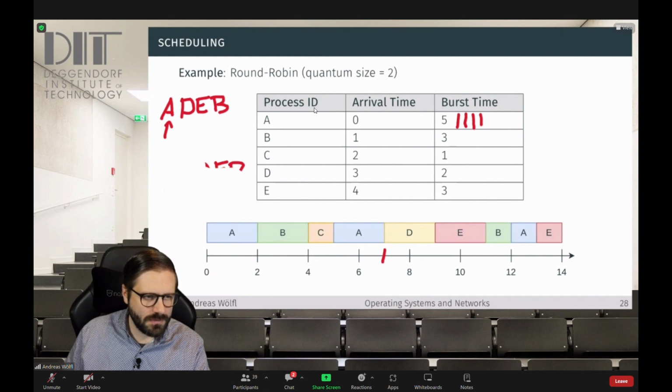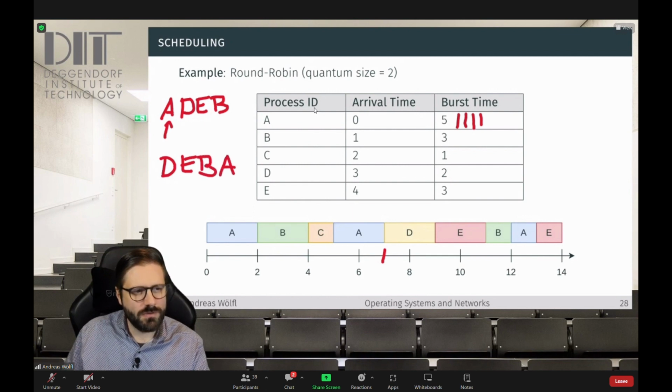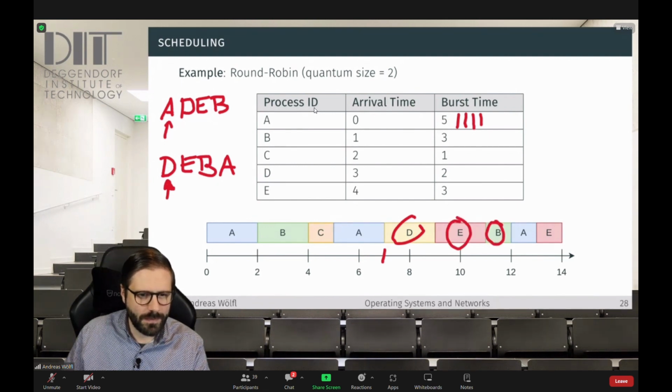So A is interrupted, and according to round robin, we move it to the back of the list. The next, according to the list, is D. D, then E, then B, then A again, and the last one is then E. So this is the round robin schedule.